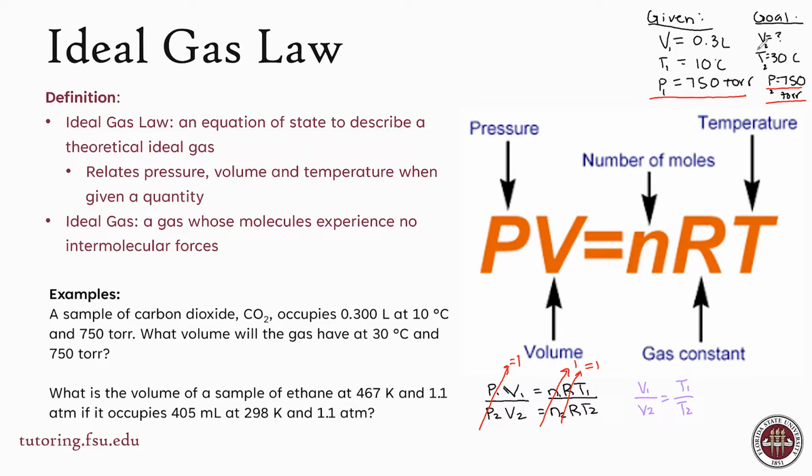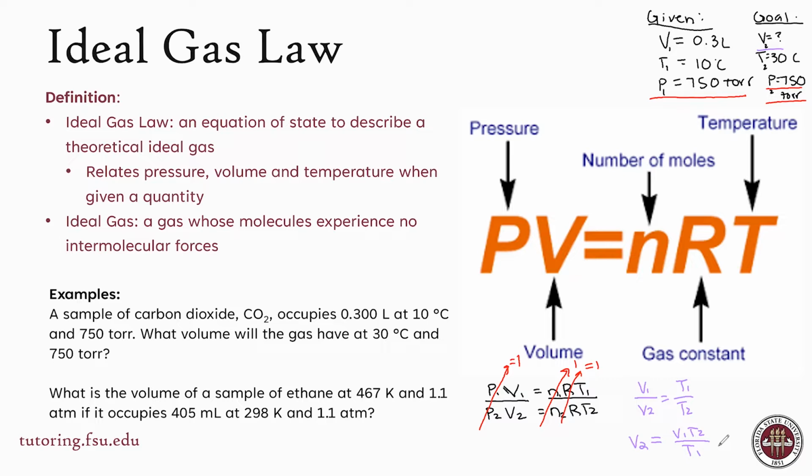And what we're looking for is V2. So we can go ahead and isolate V2. So we multiply V2 to both sides, and then we divide over T1 and multiply T2. So doing that quickly, we end up with V2 is equal to V1 times T2 divided by T1.